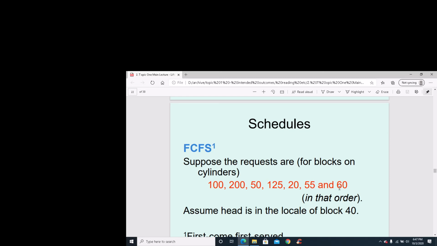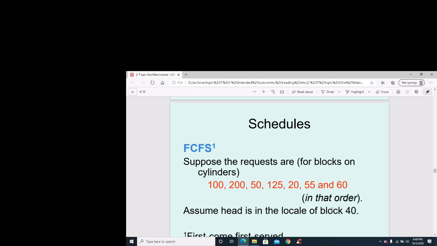Right. Supposing I've got a list of requests, I'm asking the hard disk system to perform all these actions on my behalf. Right. And I'm going to assume that the read or write head is in the vicinity of, I guess, sector 40.